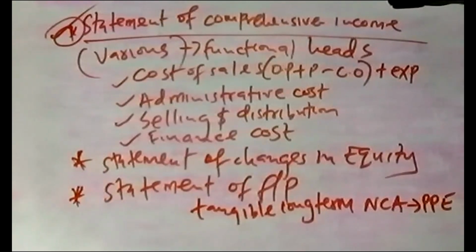The other assets, the intangibles and financial instruments, can be shown individually in the statement of financial position. So that is a recap.